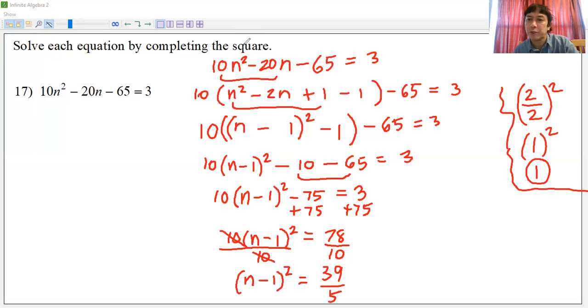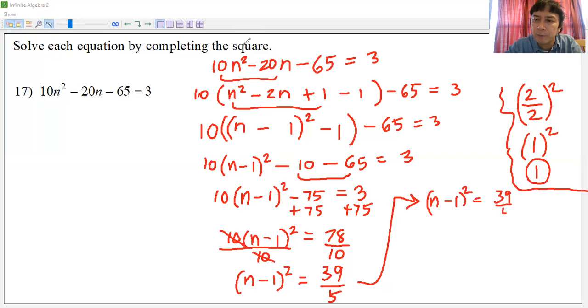Next thing to do is get the square root. All right, we shall continue over this space. We now have n minus 1 squared equals 39 over 5. We shall take the square root of both sides. Get the square root here and extract the square root there, making this plus or minus.